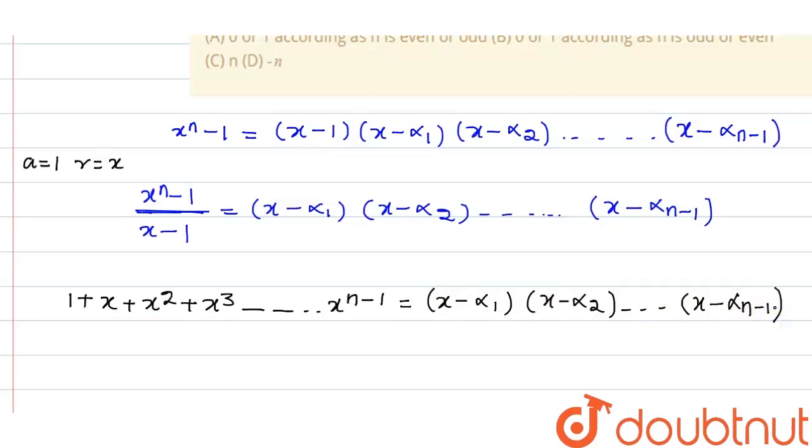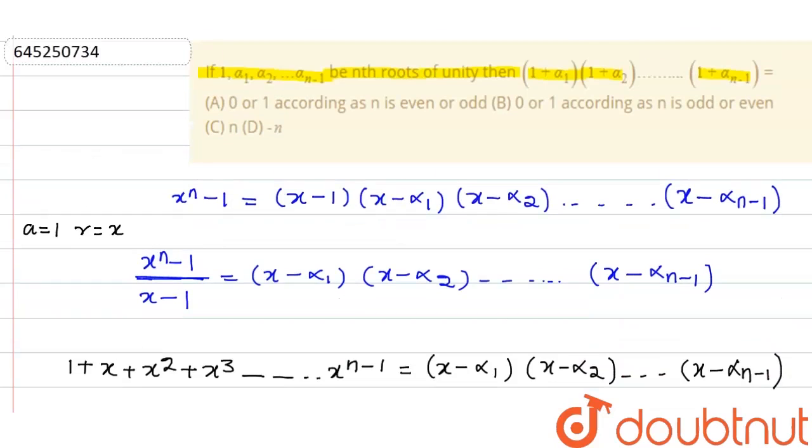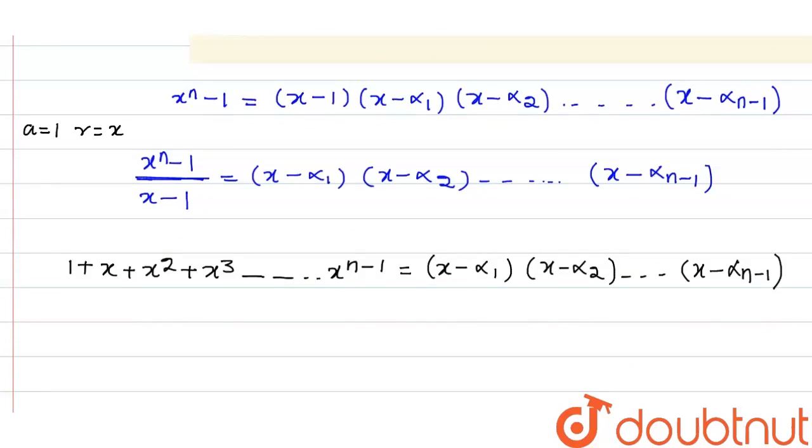Now just substitute. I am trying to find 1 plus alpha 1, so I am going to substitute x is equal to minus 1.